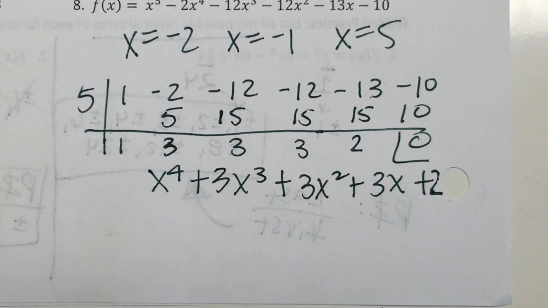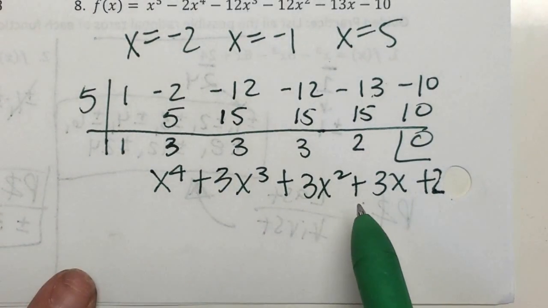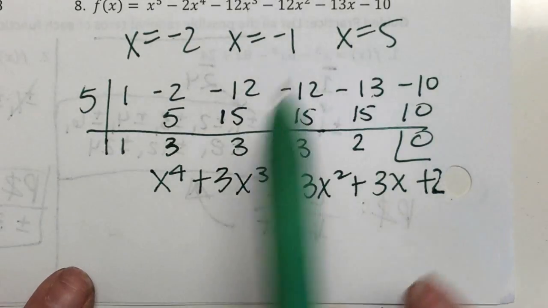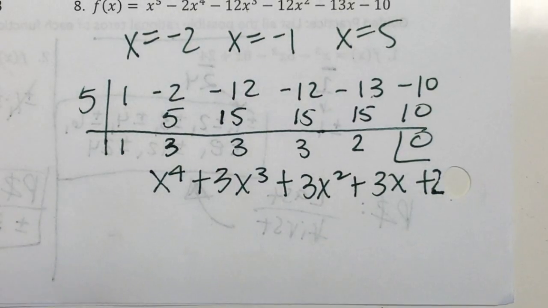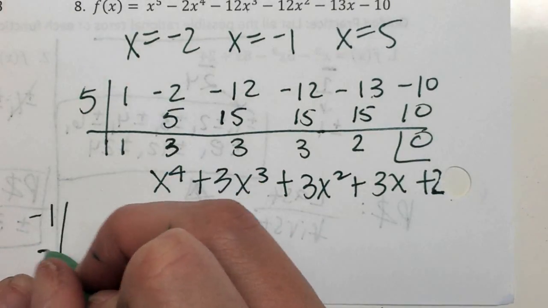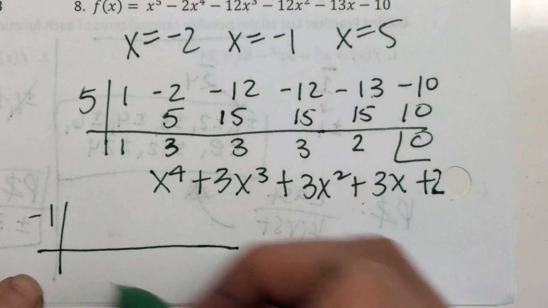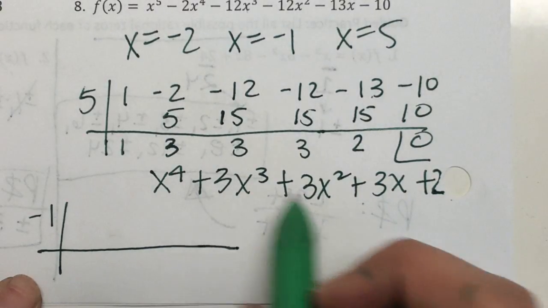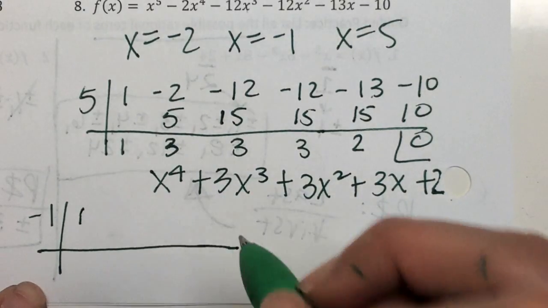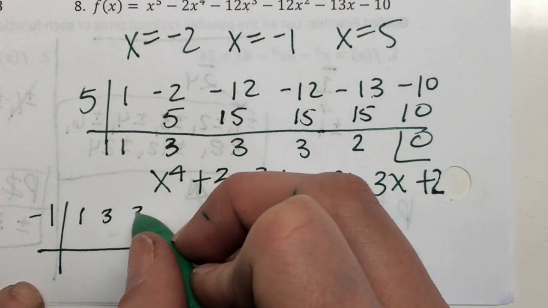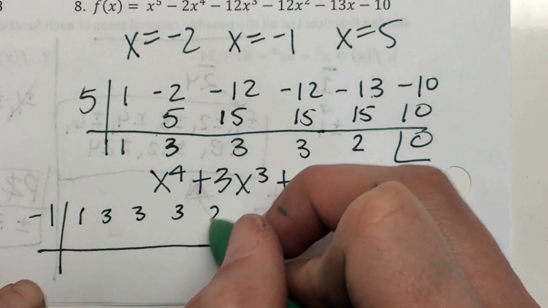So what we do from here is do synthetic again with a different 0, but with this equation now, because we want to keep breaking it up till we can factor it. You want to use -1? Okay. So -1 with this one now. So it'd be 1, 3, 3, 3, 2.